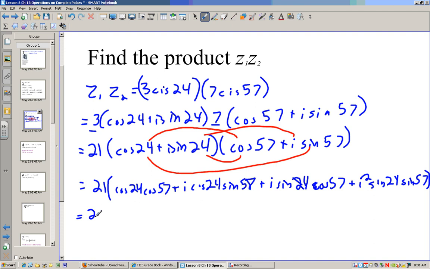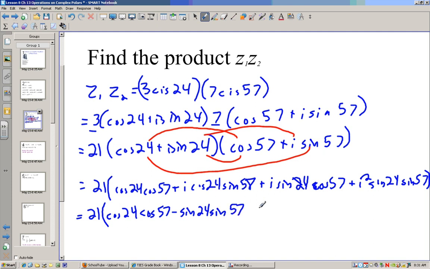All right, now let's see what we can simplify. Let's put these sines together with these cosines, and i squared will turn this from a positive to a negative. So I'll have cosine of 24 cosine of 57 minus sine 24 sine 57.